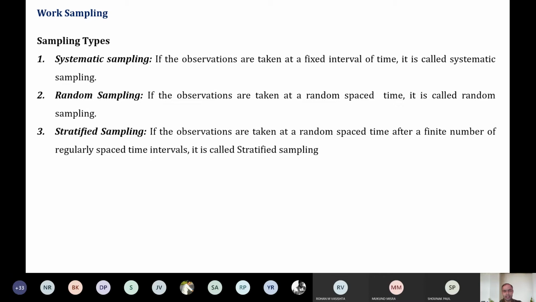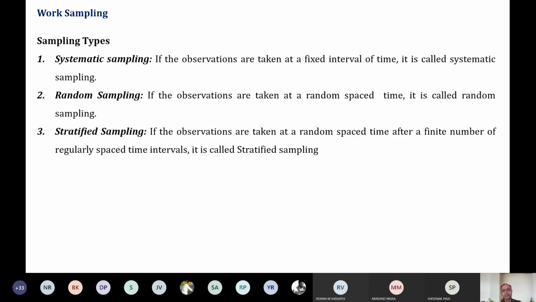The readings will be taken on time, based upon some time period, after 5 minutes or 5 seconds. For each and every 5 seconds you may take the reading, or each and every 5 minutes. So that is called systematic sampling.